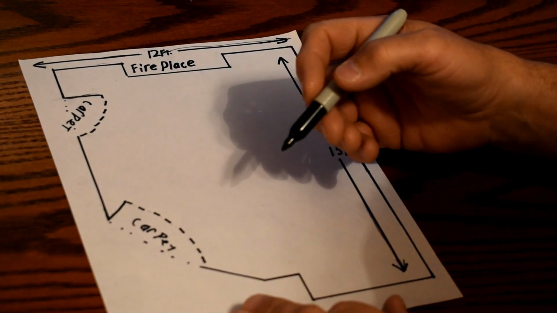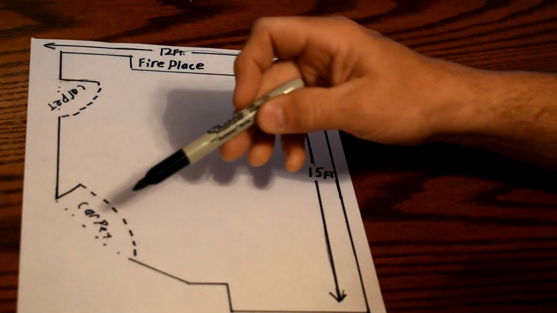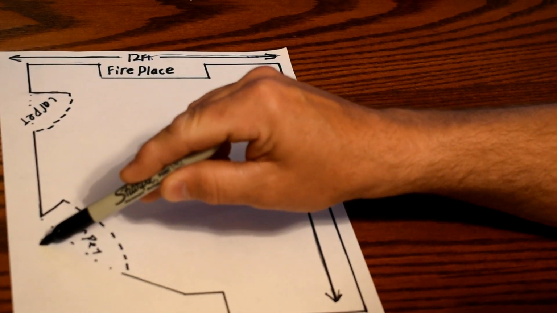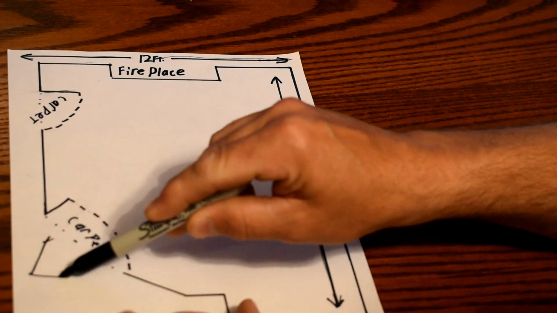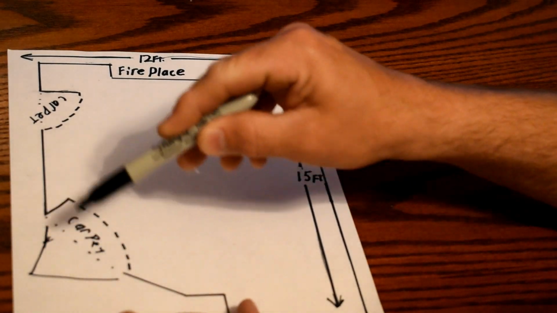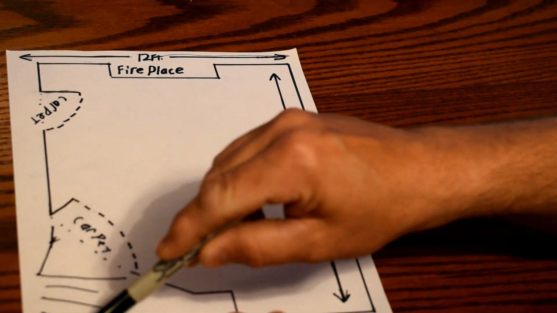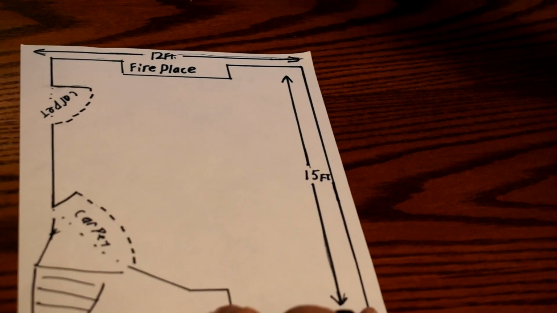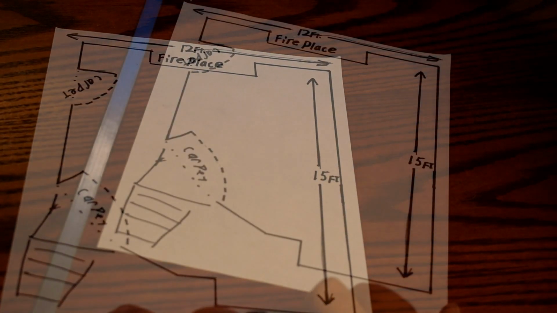And the diagram that the gentleman drew me actually pointed out that this was a landing right here. Like that. That was a landing for some steps that went down here like so. So anyway, he was wondering how to stretch a room like this.